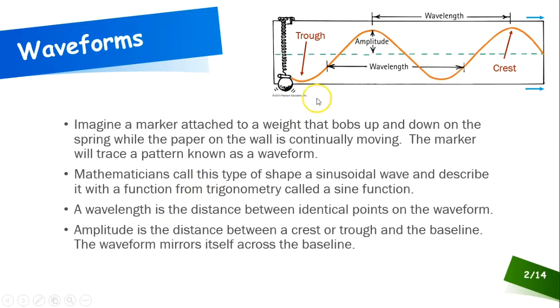And if I take this shape here that's on top of the baseline and flip it over, then I get this shape right here. So it's mirroring itself as it goes along and travels along the direction of the baseline. And the distance between the baseline and the crest is the same distance between the baseline and the trough. So again, one or the other, doesn't matter which, you'll get the same distance either way.